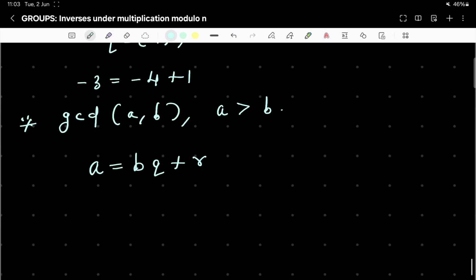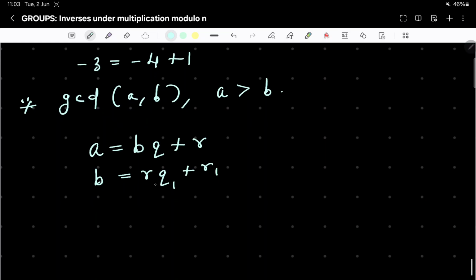Then we apply the division algorithm with B and R, so B equals R-zero Q1 plus R1. Next we write R equal to R1 Q2 plus R2.